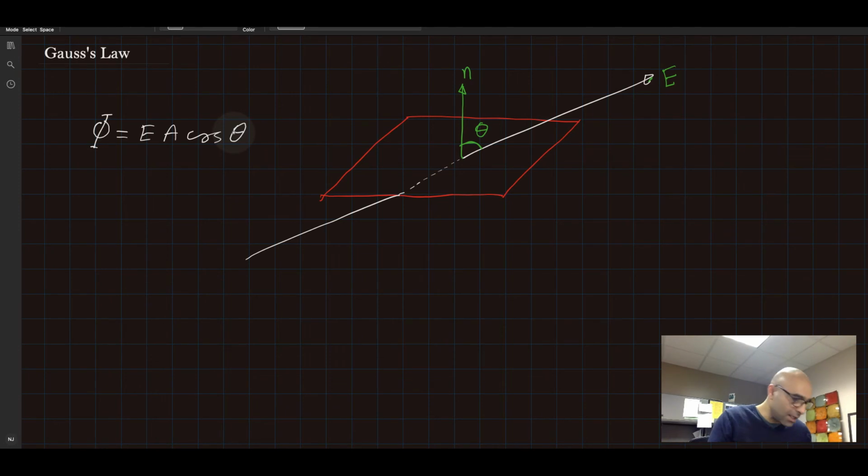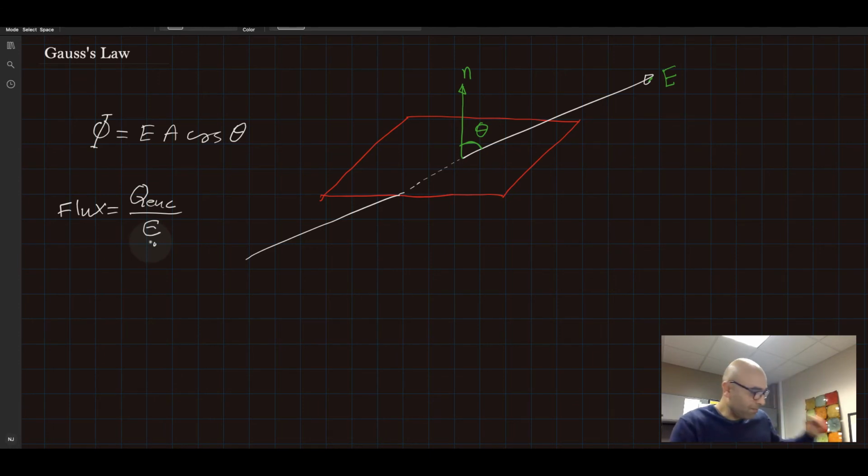He came and he said the flux of an electric field is equal to Q enclosed divided by epsilon 0. And I will explain that in detail. Epsilon 0, you know what it is. It's the permittivity of free space, and it has a value that will be given to you.